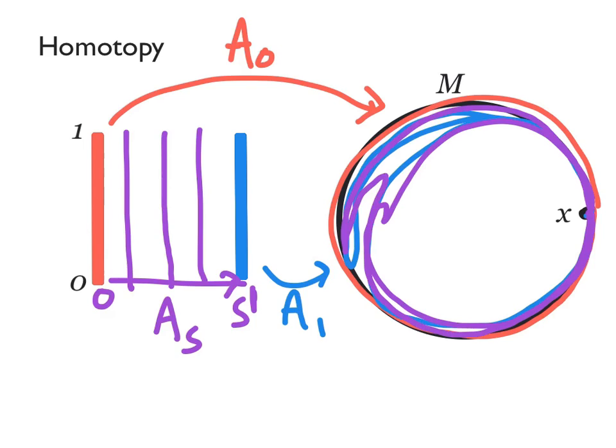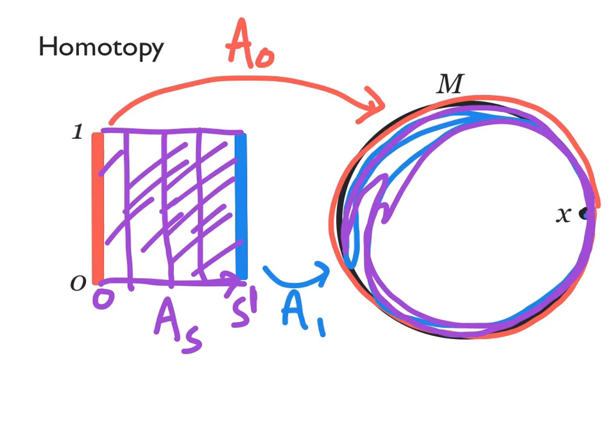The easiest way to say that is, well, okay, look at this picture. What I've actually defined is a map from the whole square, this thing I'm colouring in purple, into M, our space. Let me call that H. H stands for homotopy. Sorry that there's a proliferation of letters now.